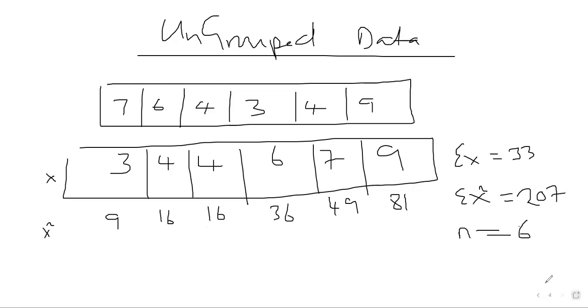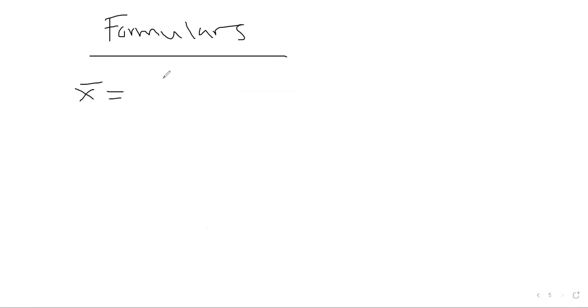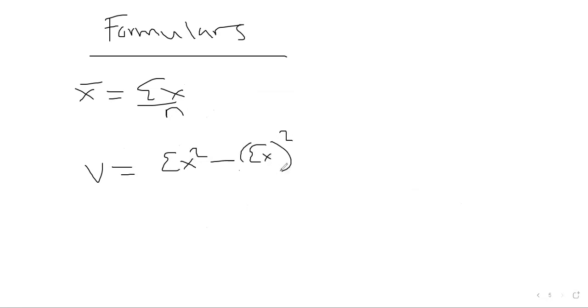This is ungrouped data, so the formulas are different from those in grouped data. I just need you to master 5 formulas. The mean, which is the average, is given by summation of x over n. The variance is summation of x squared minus summation of x to the power 2 over n, everything over n minus 1.